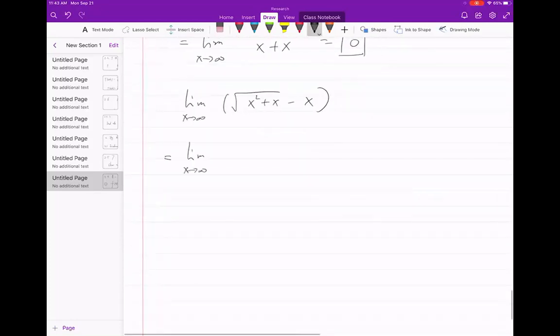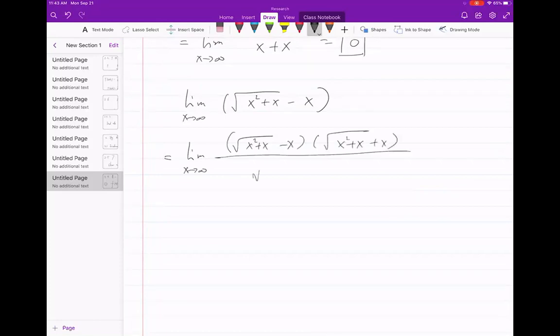Limit as x goes to infinity. Conjugate, right? That's the first one.